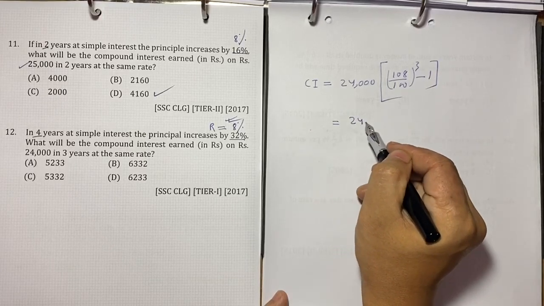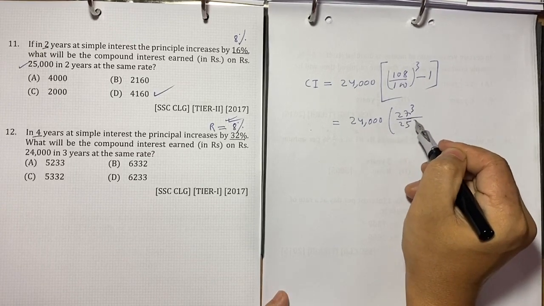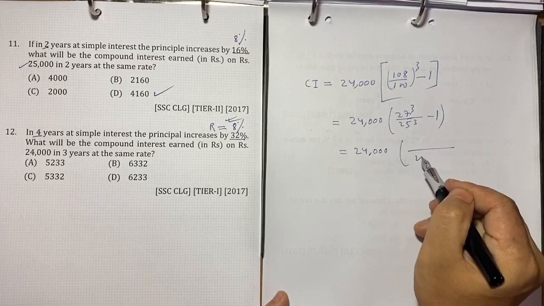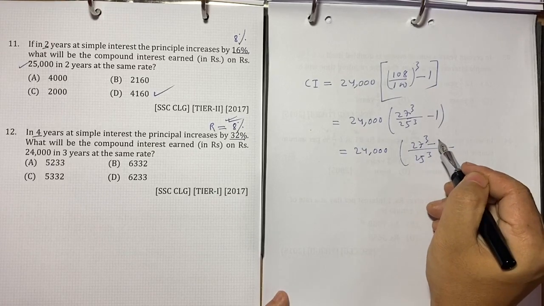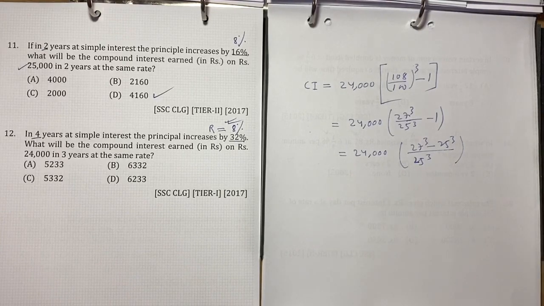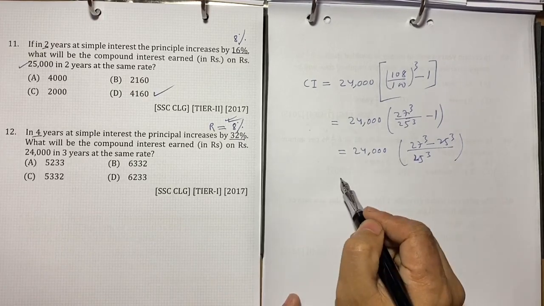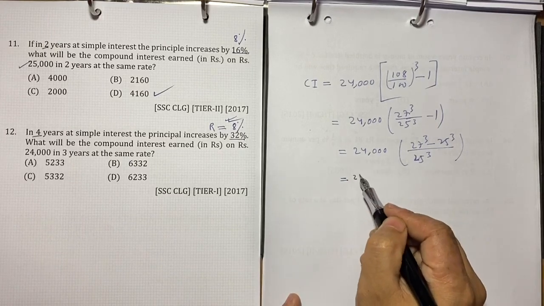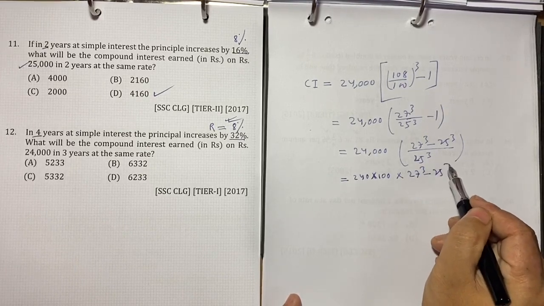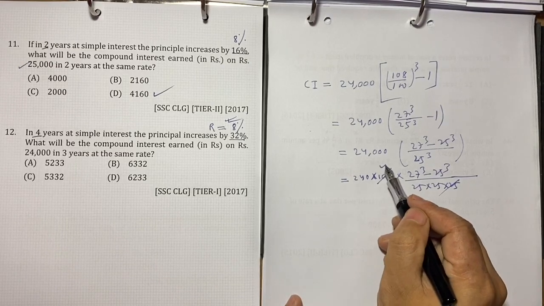Cancelling, this will be 27 divided by 25 cube minus 1, so 27 cube minus 25 cube over 25 cube. The value will be 240 into 27 cube minus 25 cube over 25 into 25 into 25, so cancelling, this will be 4.